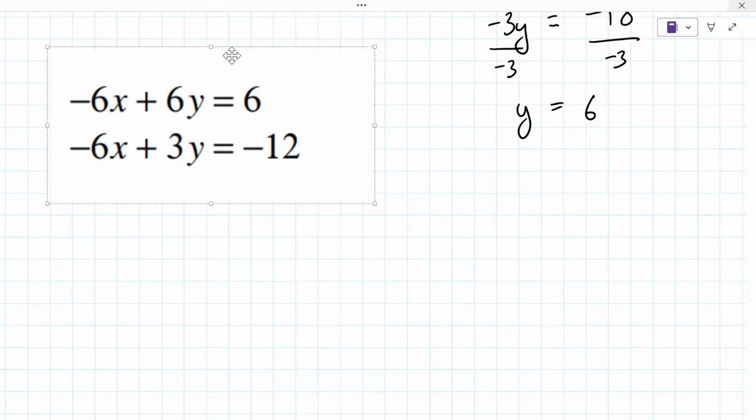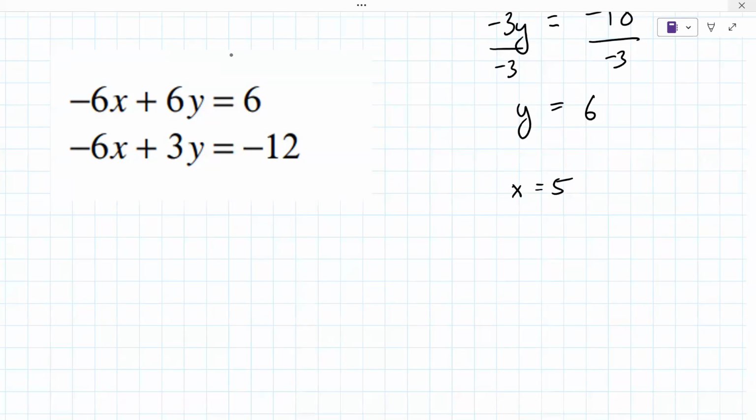So negative 6x, 36. 36. 3. So x equals 5. Yep, that works.